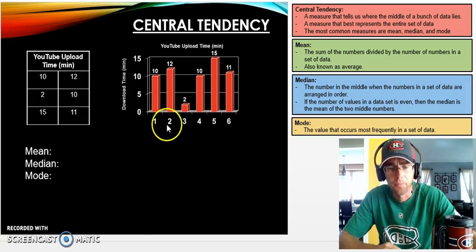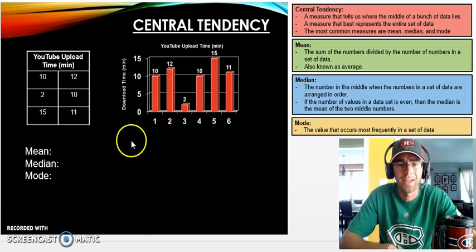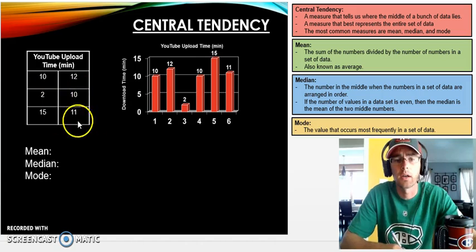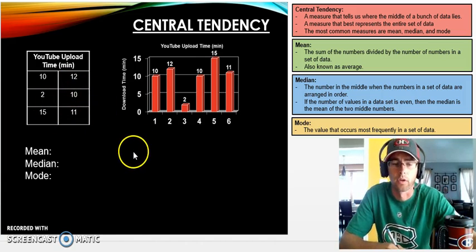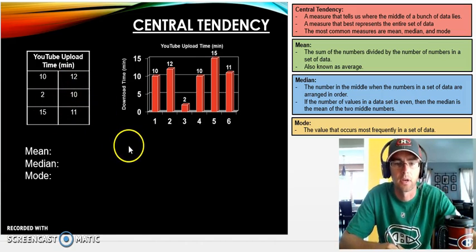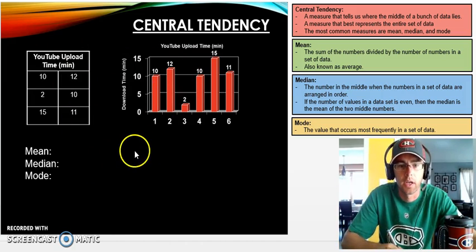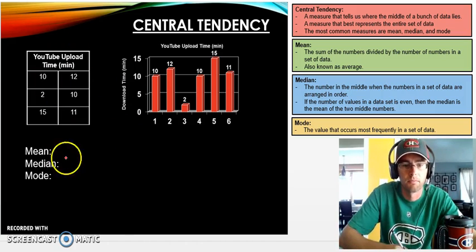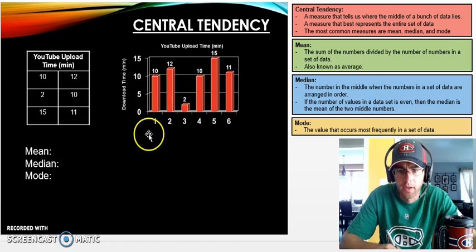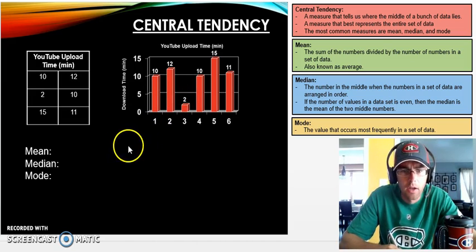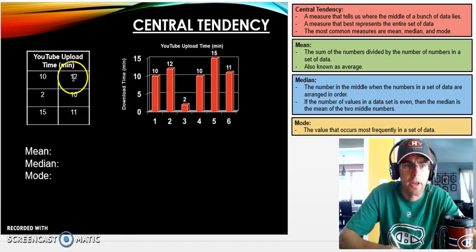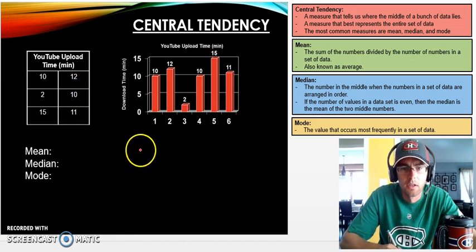So the first thing I'm going to do is write out this data set in order, and it's very important to do that first, and we'll go over why. So our first is a 2. Oh, that's not showing up. One second. All right, sorry about that. Trying to get used to this again. So we have a 2.